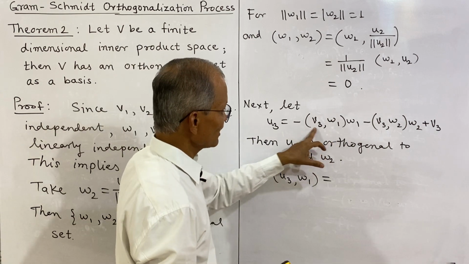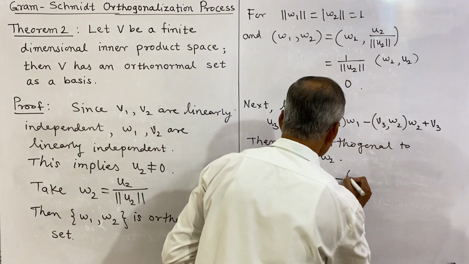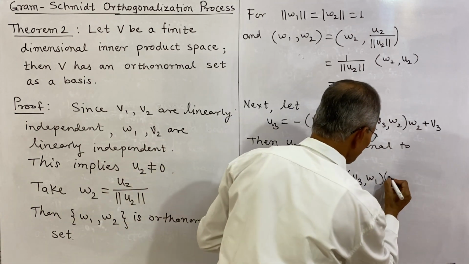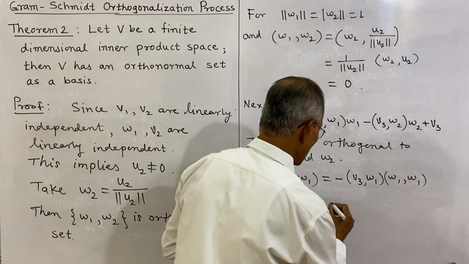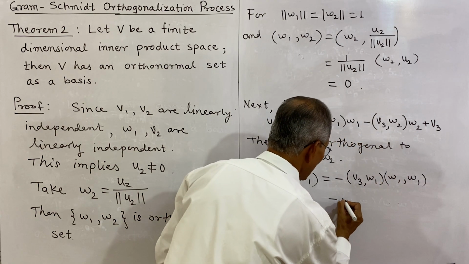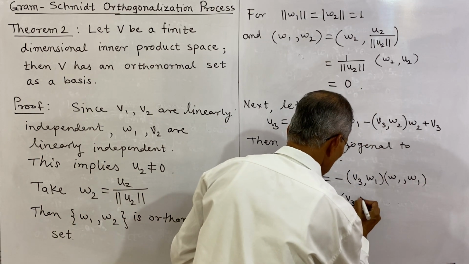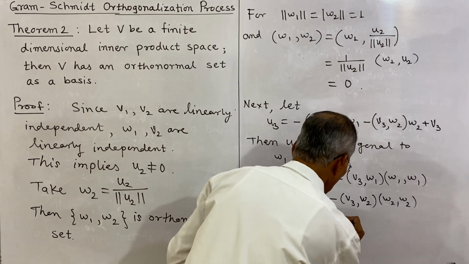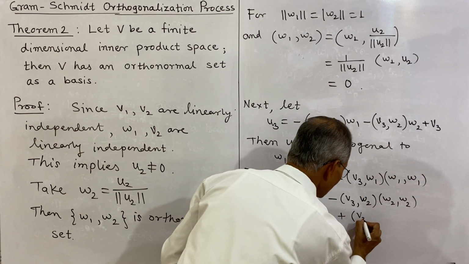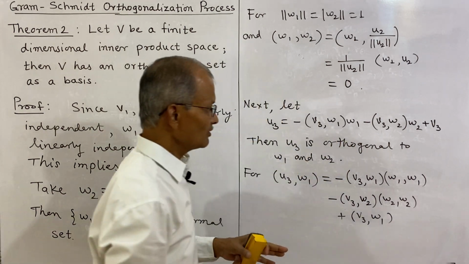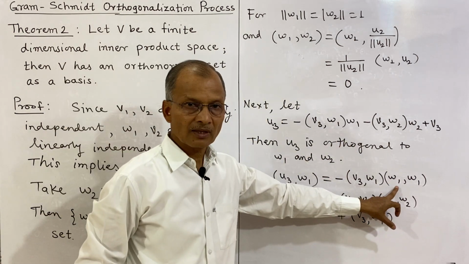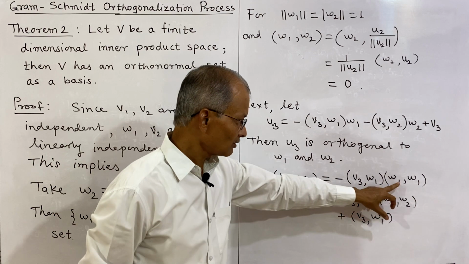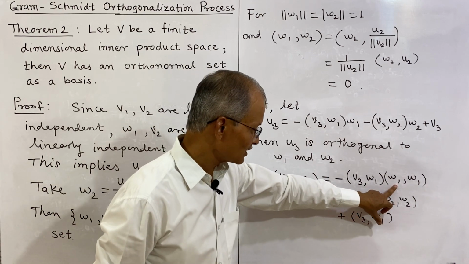So this is a scalar quantity and it will remain the same, minus inner product of V3 with W1, then inner product of W1 with W1, minus again, this is scalar, inner product of W2 with W2 plus inner product of V3 with W1. And you see here this value is 1, the inner product of it, it is an orthonormal vector, its length is 1, a vector in an orthonormal set, and therefore its value is 1.